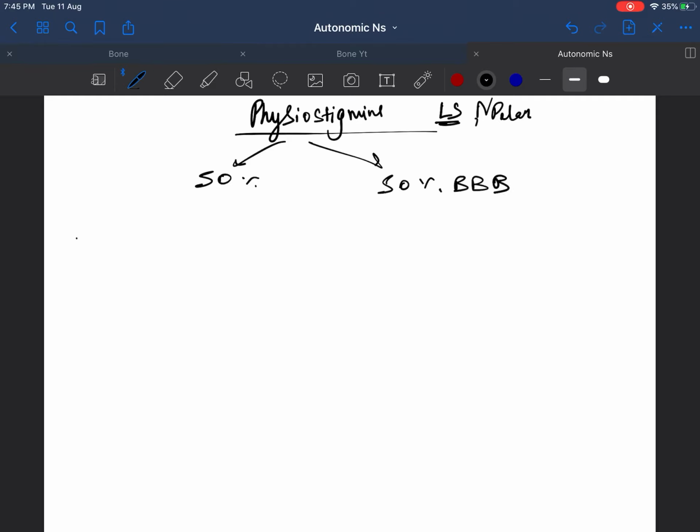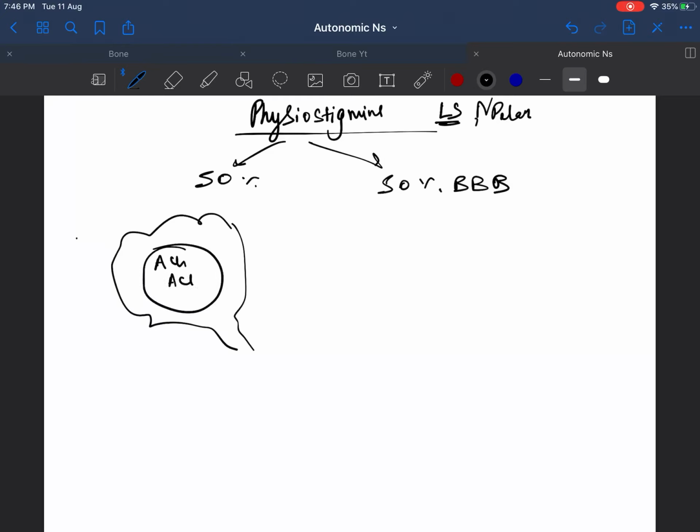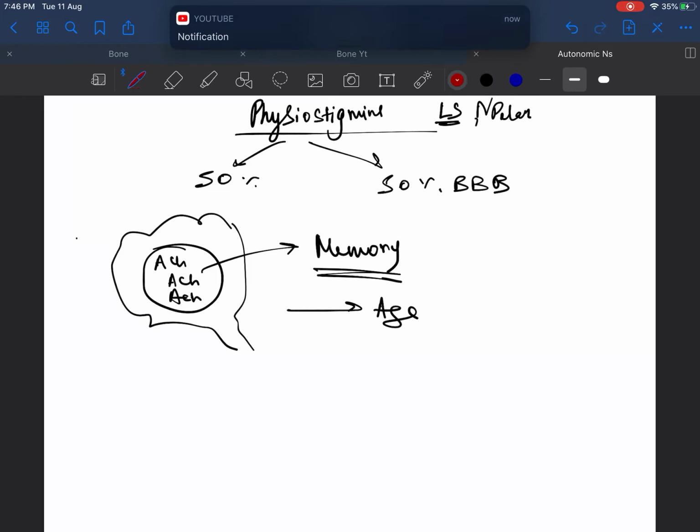So let's suppose in our normal brain there is a Meynert's nucleus which contains all the ACh, all the cholinergic bodies inside it, and this is required for memory. Now, as the age progresses, this all gets reduced, and it can lead to what?